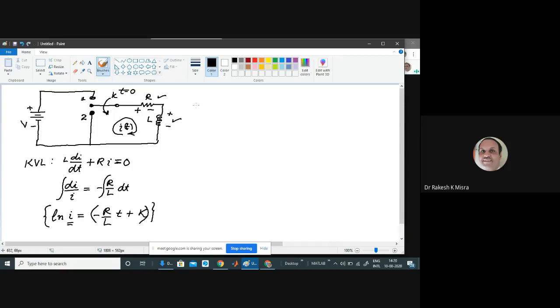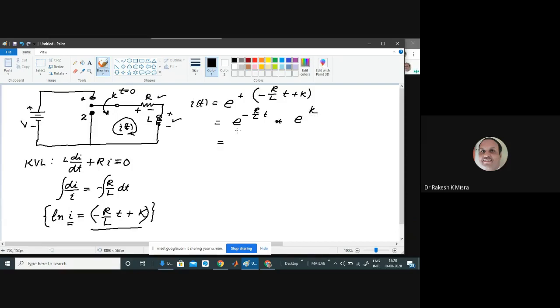So this will be written as i(t) is equal to e to the power minus R by L t plus k. This is further simplified, so this will be getting two exponentials, one e to the power minus R by L t, another exponential will be e to the power k.